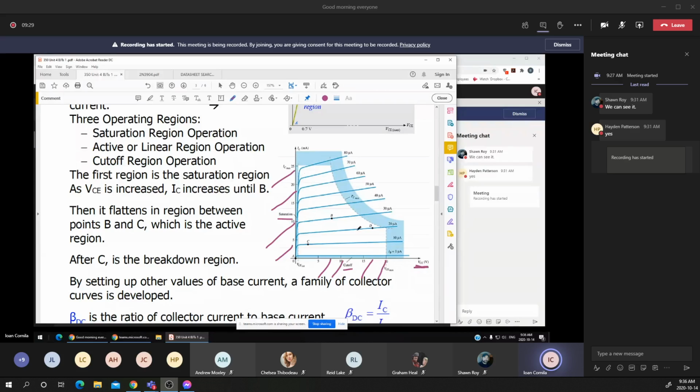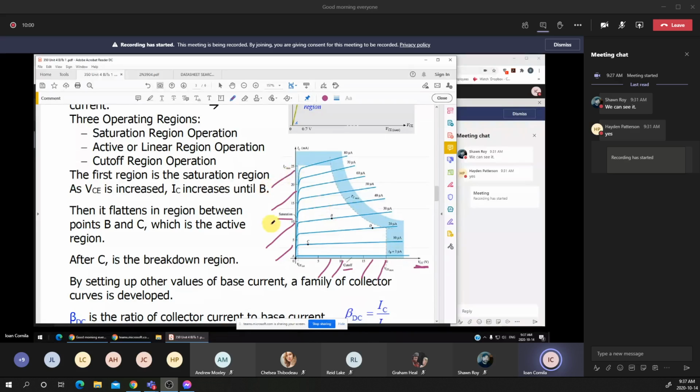To remind you, if we would like to place the transistor in the active region, we have to make sure that two conditions are met. One is that the base-emitter junction has to be forward biased, and the base-collector voltage or diode has to be reverse biased.